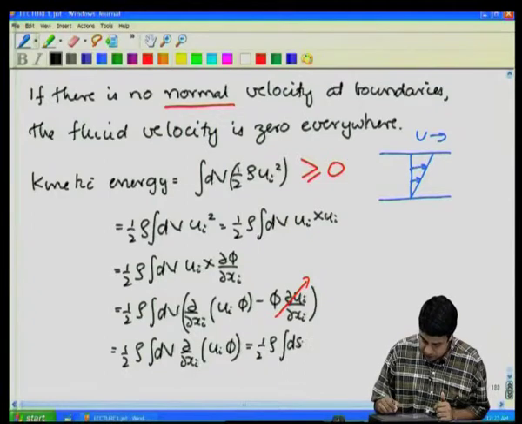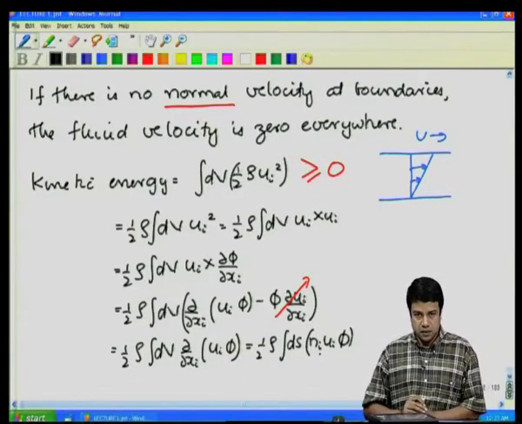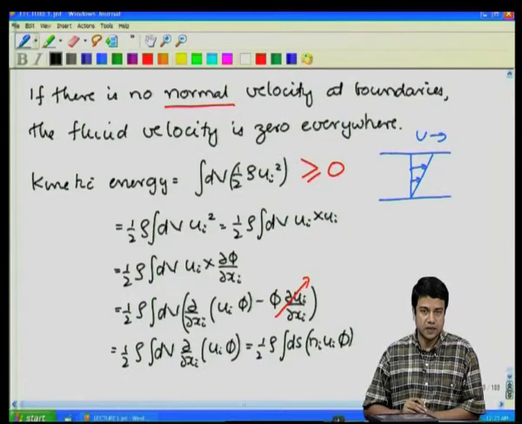So, this is the integral over the surfaces of n_i u_i phi, a surface integral of u dot n, the velocity dotted with the unit normal to the surface, times the potential. So, clearly if u dot n is equal to 0, this integral is equal to 0. That is, there is no normal velocity to the surface at any point.